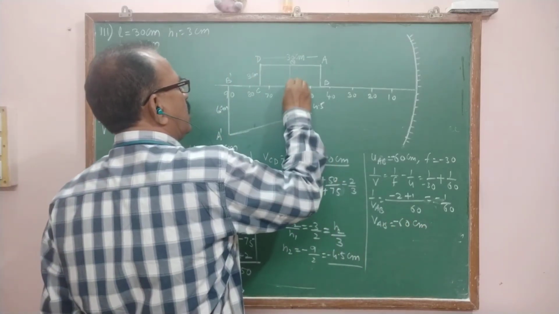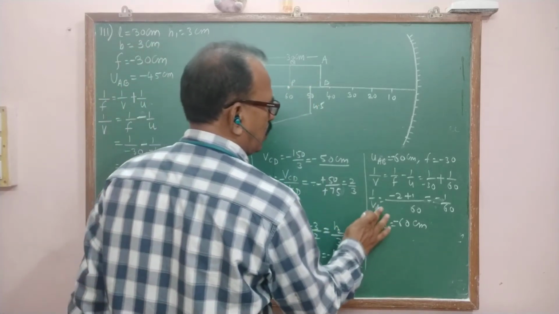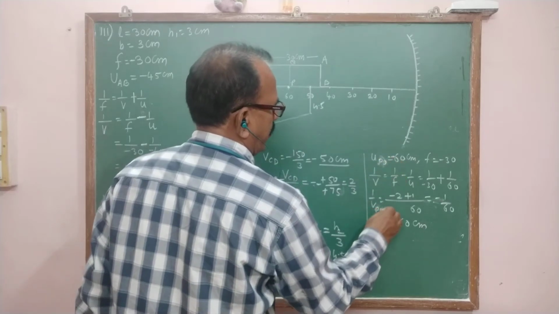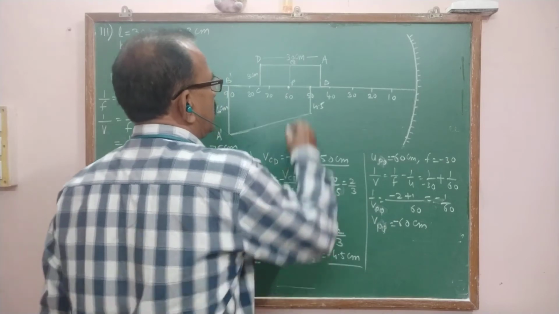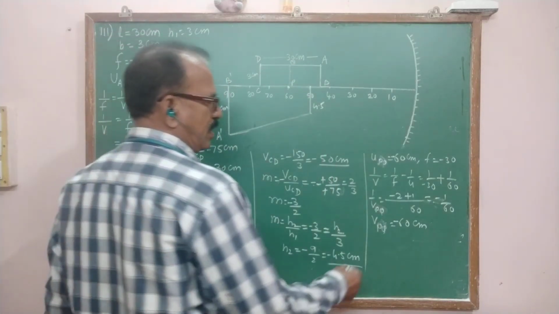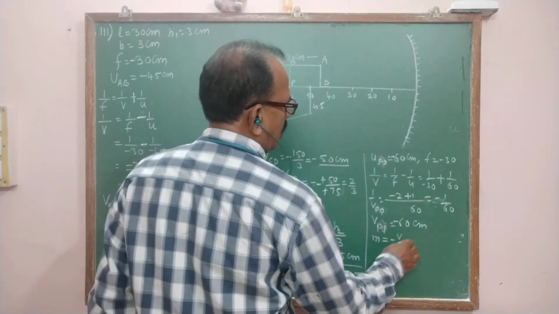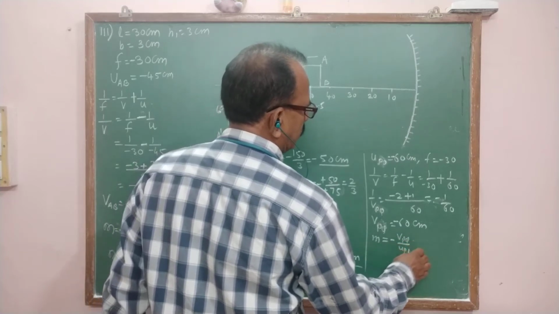So here at the center, that is equal to PQ. Instead of AB, we are trying to do PQ, the center portion, PQ. So PQ is equal to 60. What is the magnification? Again M is equal to minus of VPQ upon UPQ.